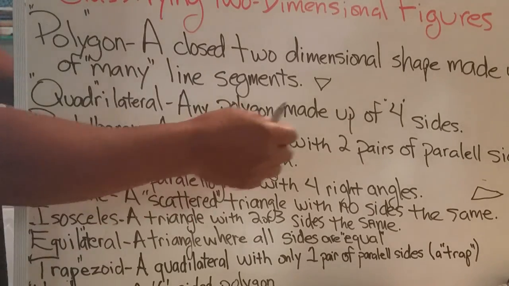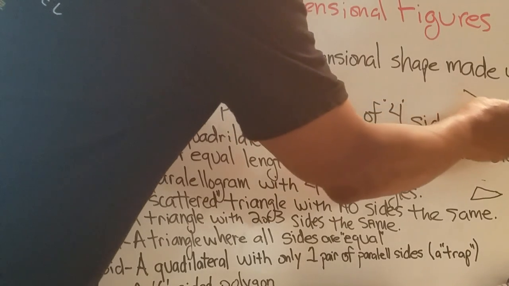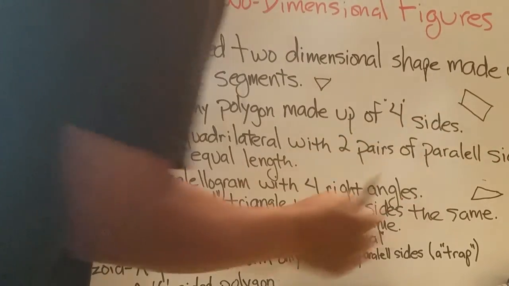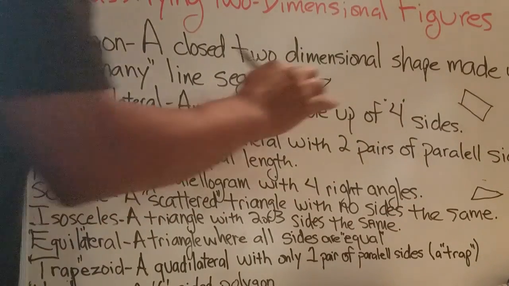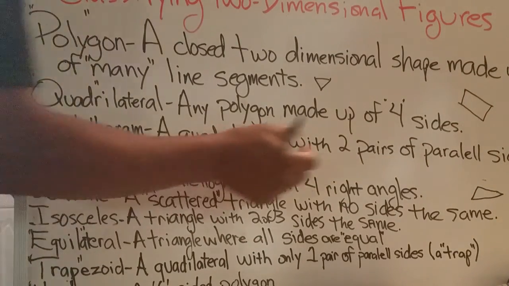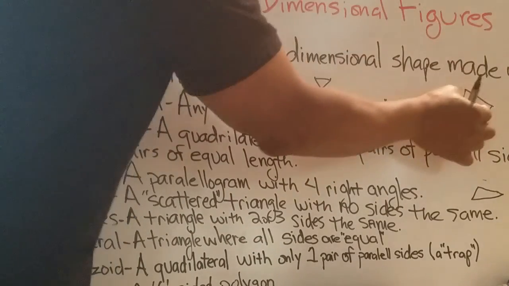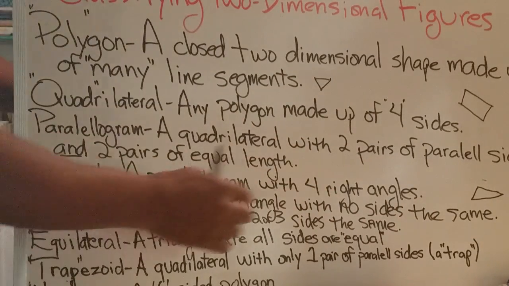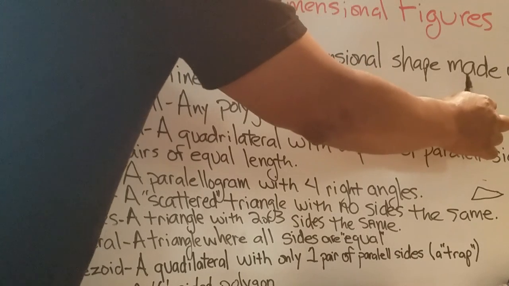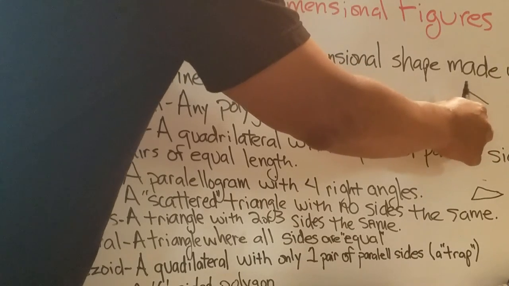So a perfect example of that is this right here. Here's a parallelogram. These two lines will go into infinity forever. They'll never touch. These two lines will go into infinity. They'll never touch. But a trapezoid is a little different. It's a trap.